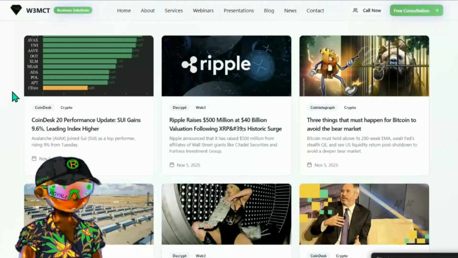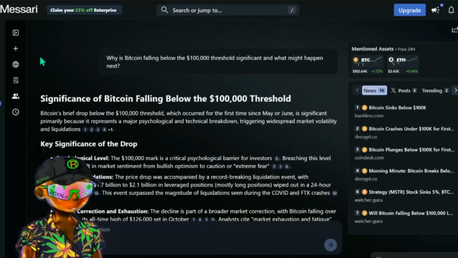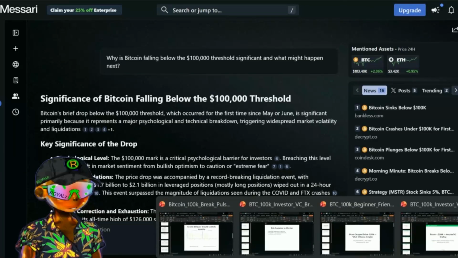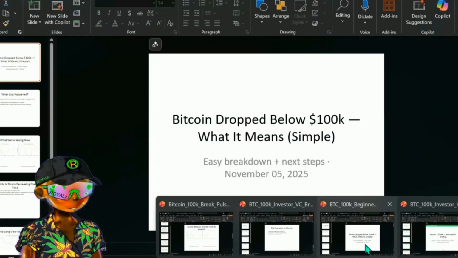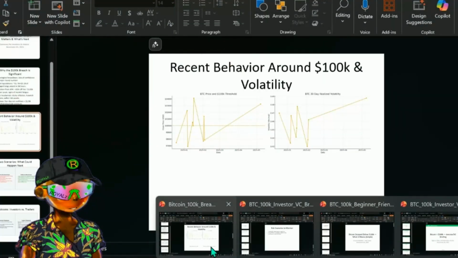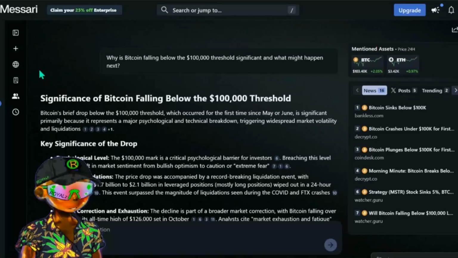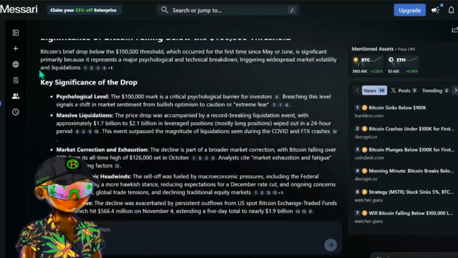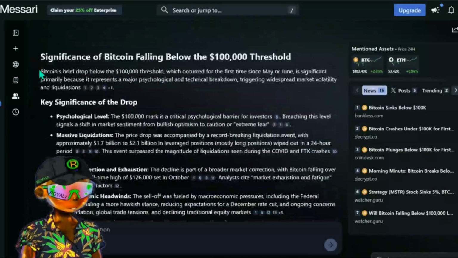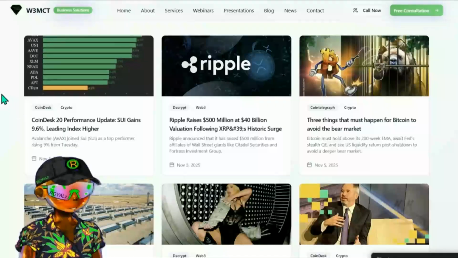And then after that, we're going to go into the significance of Bitcoin falling below 100,000. I have some boring graphics that we can go over, and what I've been seeing across the board. And what can we do with this information as traders and investors? So stay tuned and let's get to it.